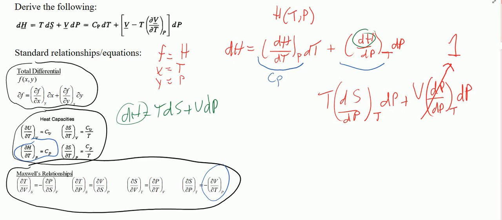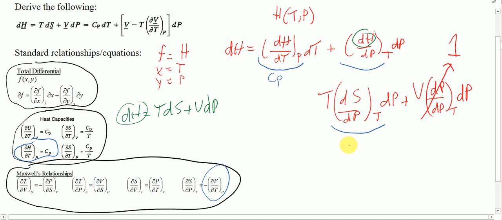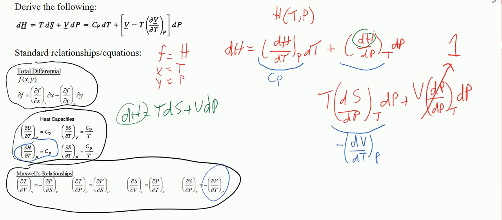If we utilize that equation, we will be able to plug in and solve for this portion right here. For this portion, we will get negative (dV/dT) at constant P. Understanding all of that, we can solve for the final equation.